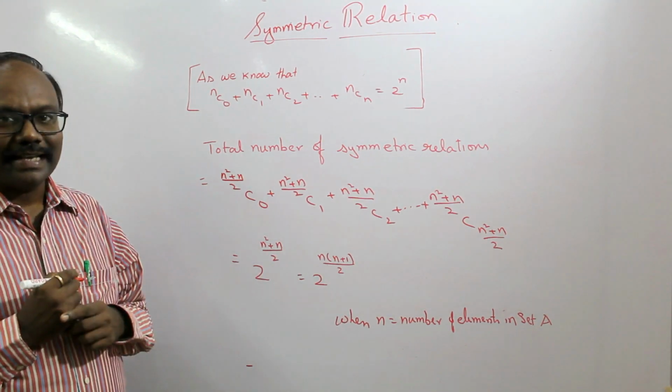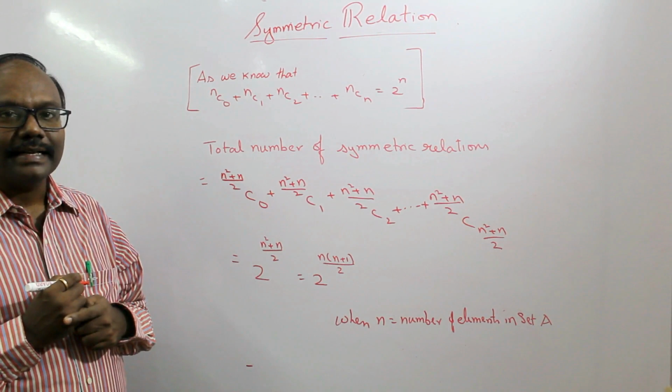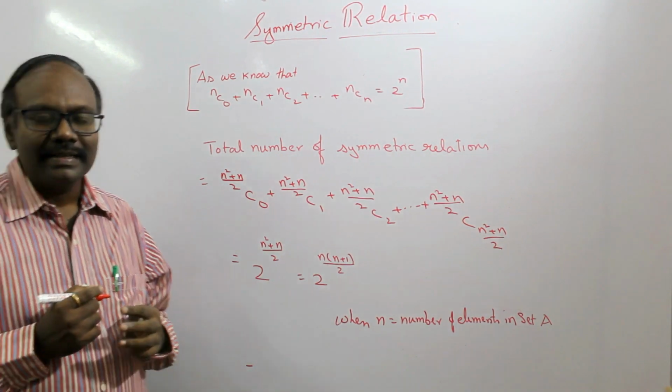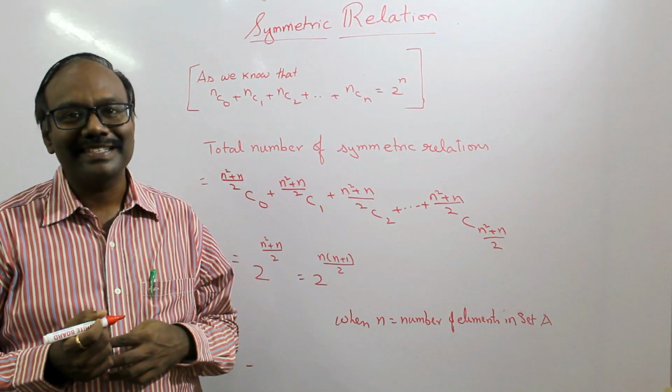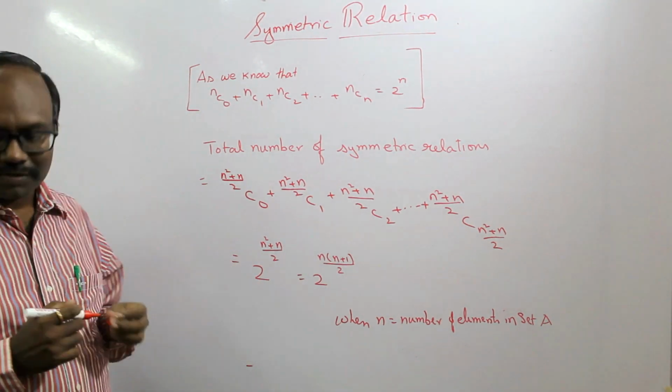Then in the competitive exams, we have seen that a question will be given like this: find the number of symmetric relations on a set containing 2 elements. So in such a case, how to go about it? Let us see this.